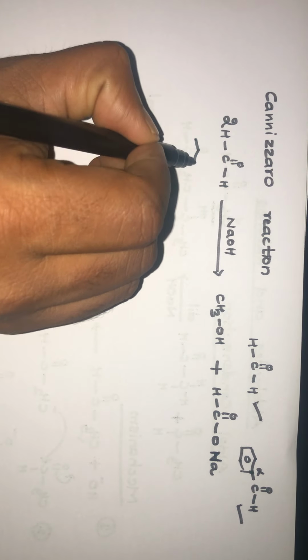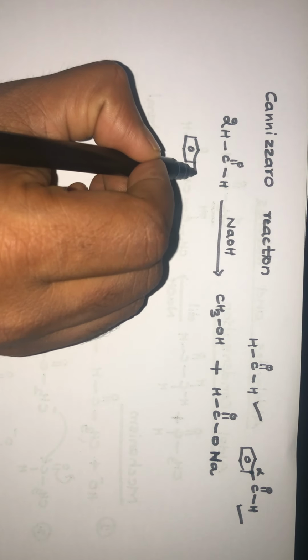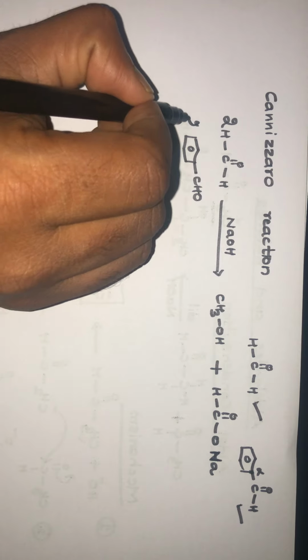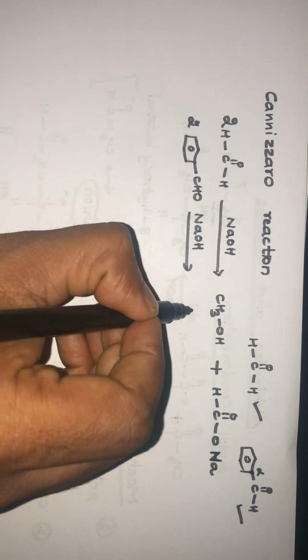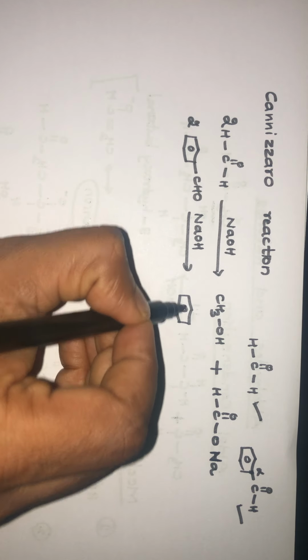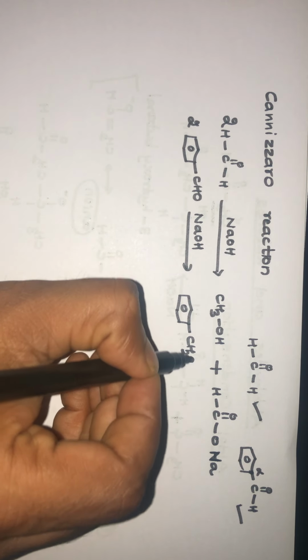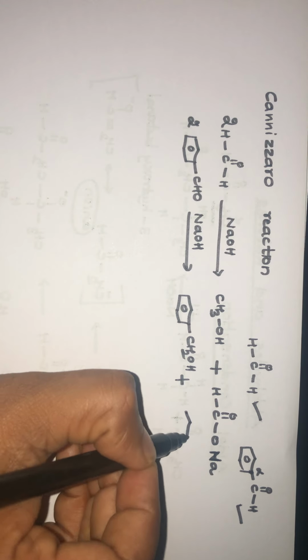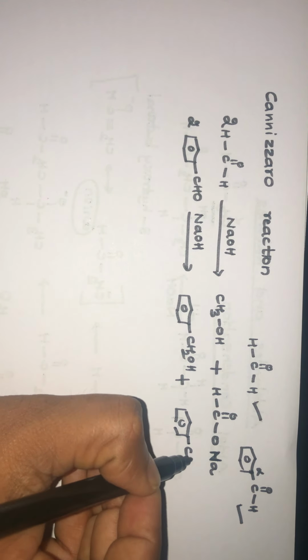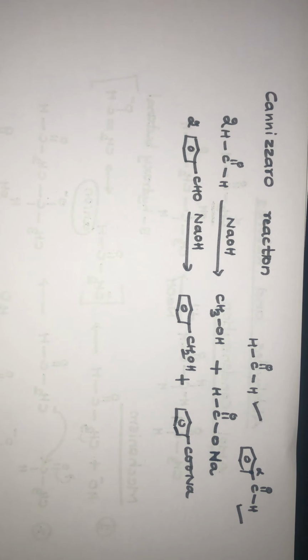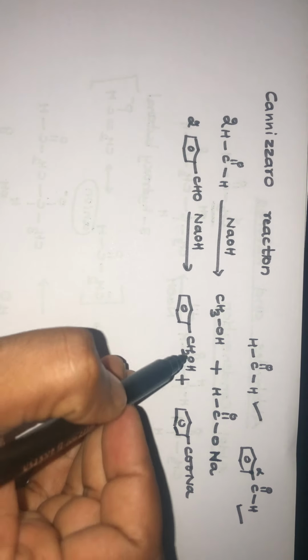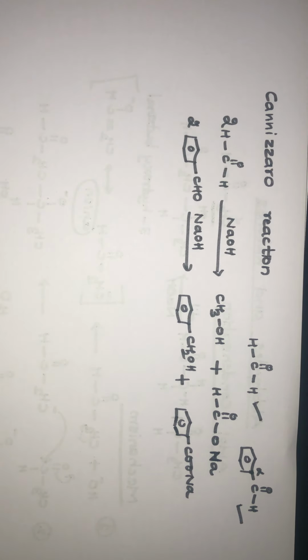For example, if you take benzaldehyde and treat it with NaOH, one molecule gets reduced to alcohol and the other molecule gets oxidized to acid. That means you get CH2OH plus COONa. The sodium salt of the carboxylic acid, benzoic acid, and benzyl alcohol are generally formed here.